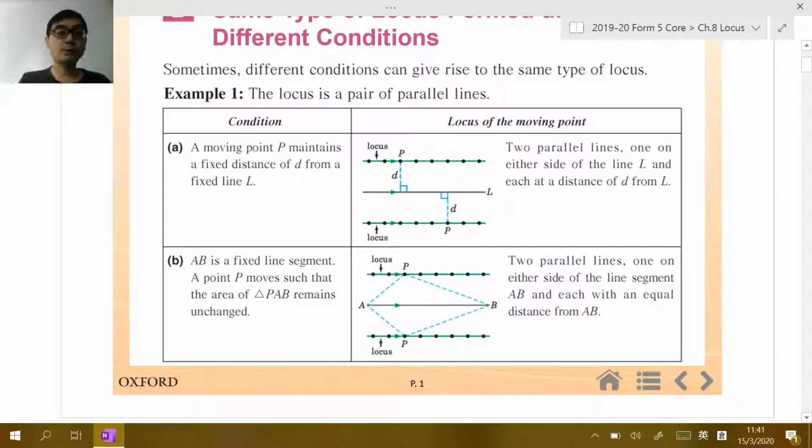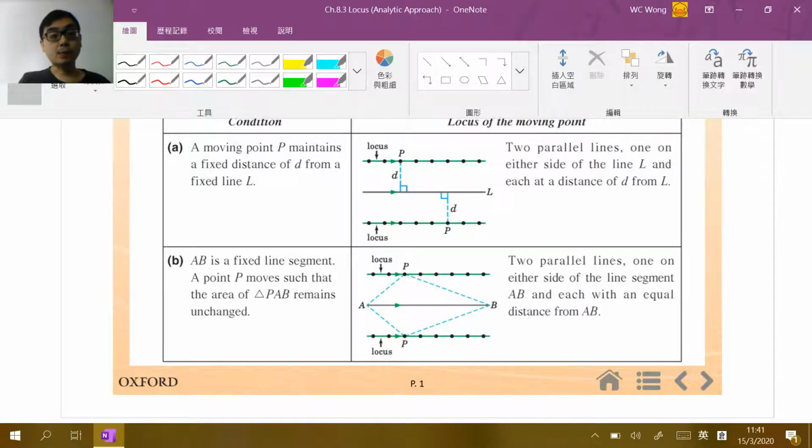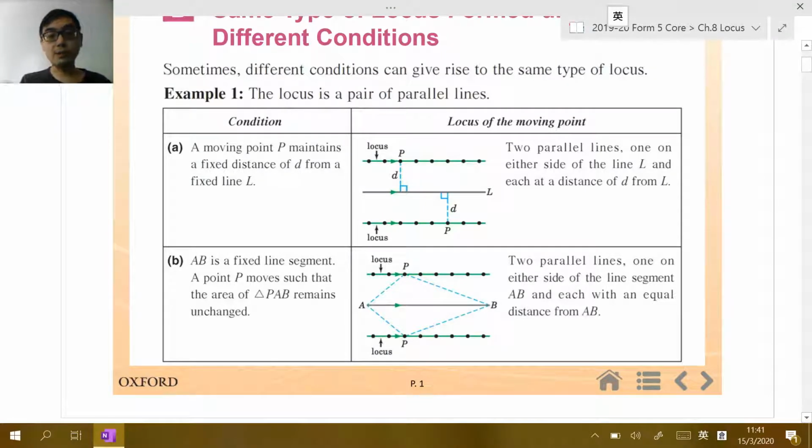For example, for parallel we can write in this way, and also you can see the B. This one will be a little bit special to you: if I make the area unchanged, then because the base AB is fixed, with the area unchanged, it means that the height is also fixed. The height is actually the distance. That means sometimes we will relate it to area with the fixed base, so you have to have the height equal. So we will have the distance equal also.